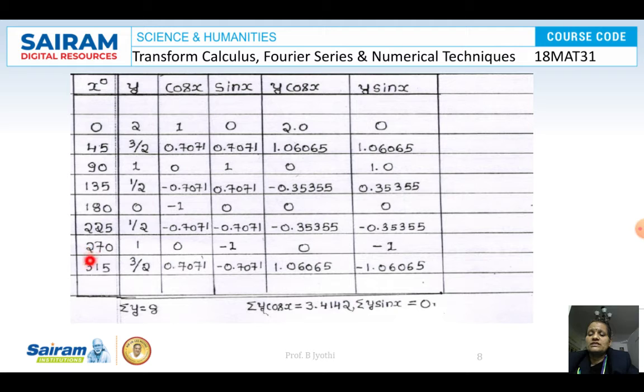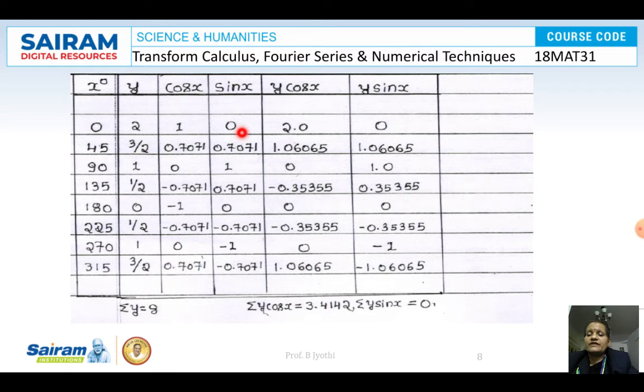It is to be tabulated as it is, that is 0, 45, 90 up to 315, and the y values are respectively given and tabulated as per this. Okay, now y cos x is determined, because cos 0 is equal to 1, cos 45 is 1 upon root 2, which is 0.7071, cos 90 is 0, cos 135, cos 180 and so on.